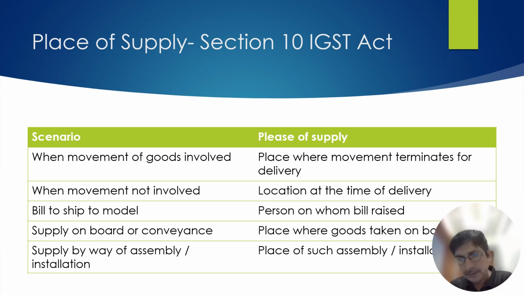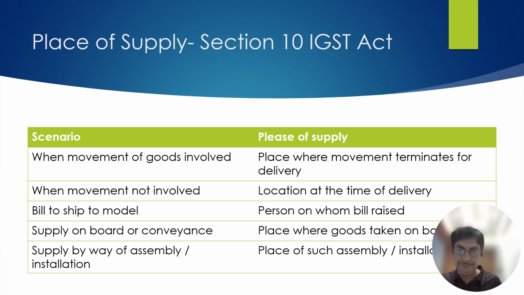A has raised the invoice on B. So the place of supply is Maharashtra, because the bill is raised on B, who is in Maharashtra. Location of supplier is Tamil Nadu. This transaction is interstate supply.